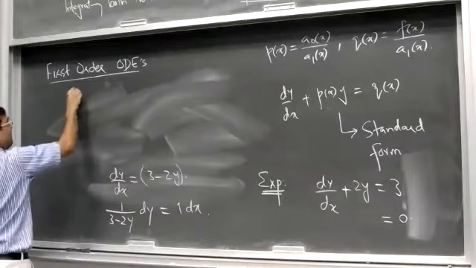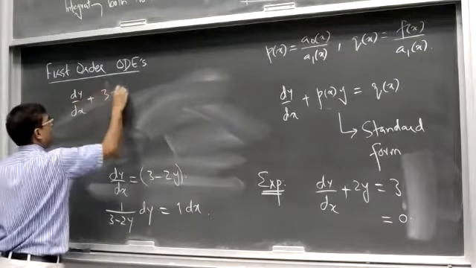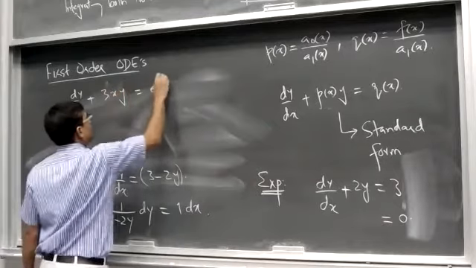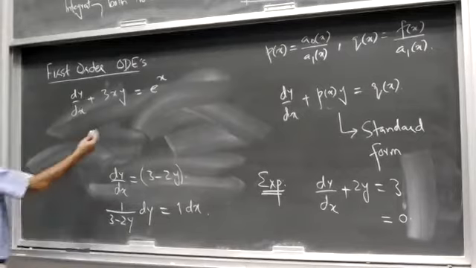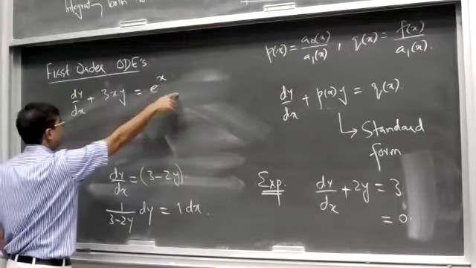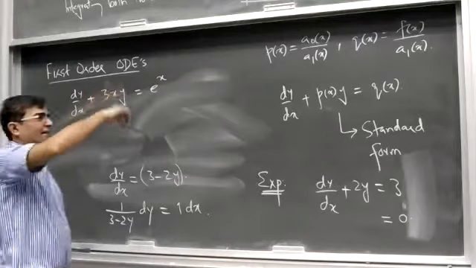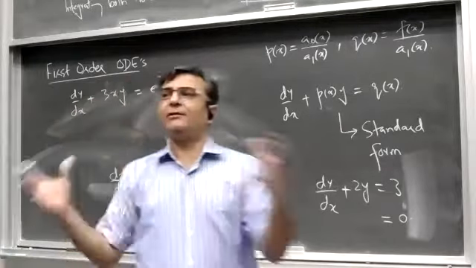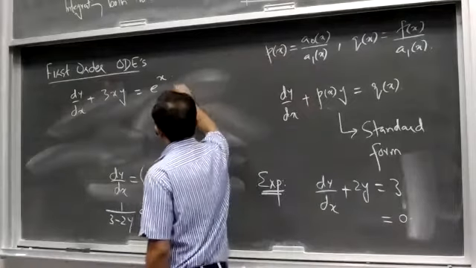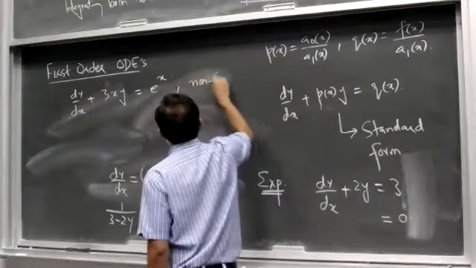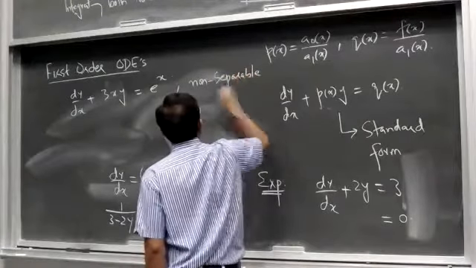If we have dy by dx plus 3xy is equal to e raised to the power x, can we separate the variables here? No. If we take this term to the other side, we have a mix of variables x and y. We cannot separate the variables. So this is not separable, or you can say a non-separable ODE.